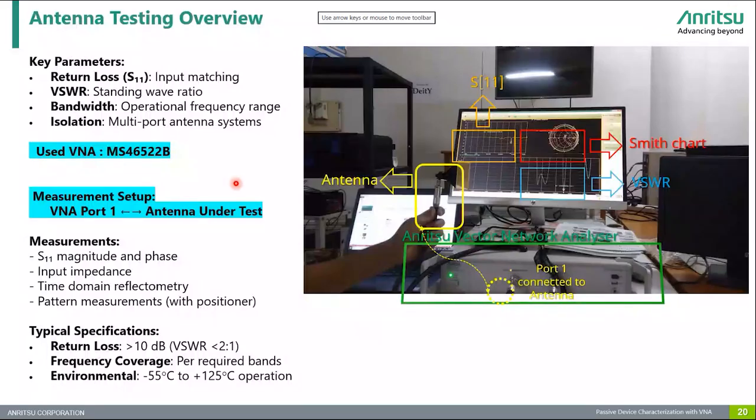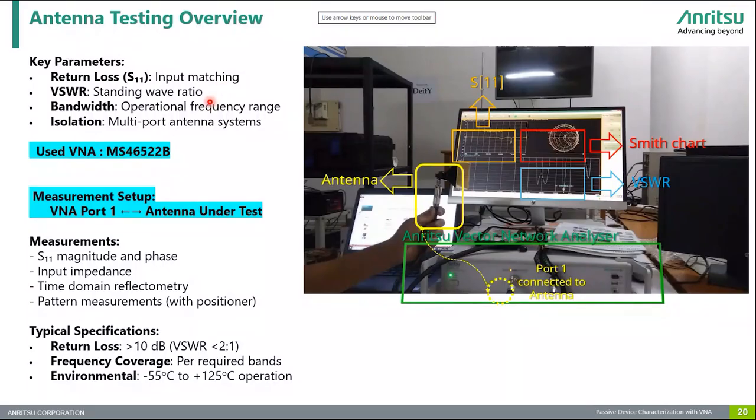This slide outlines the key aspects of antenna testing using a vector network analyzer, specifically the Anritsu one. Let's begin with the key parameters we evaluate during antenna testing. Return loss S11 tells us how well the antenna is matched to the transmission line. A higher return loss indicates better matching and less reflected power.